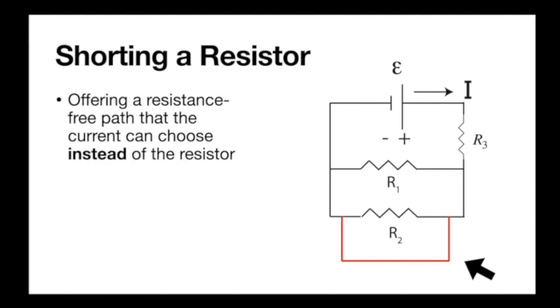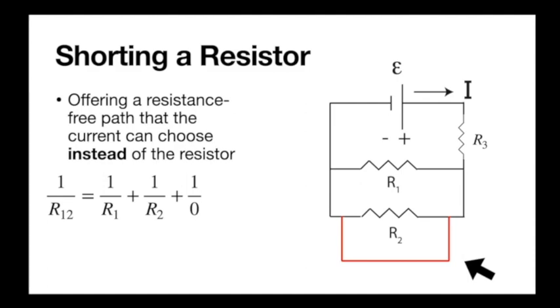So we know our equation for combining branches in parallel. We have 1 over R1 plus 1 over R2, but then 1 over 0. There is no resistance in this branch that we added. I wouldn't recommend writing this equation. We'll never have to actually write this out again.